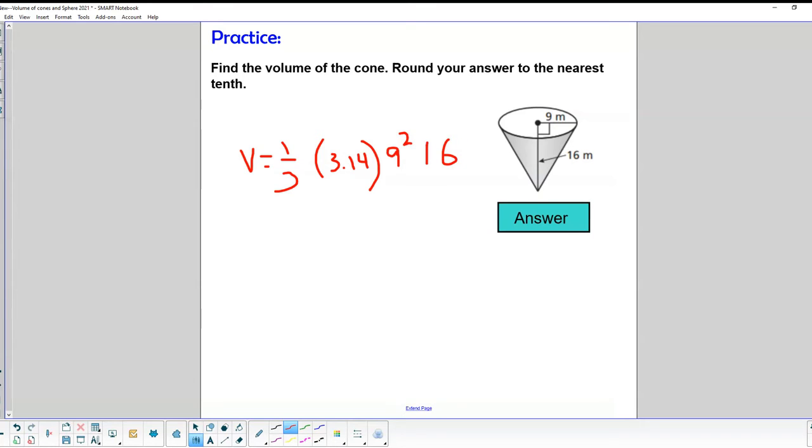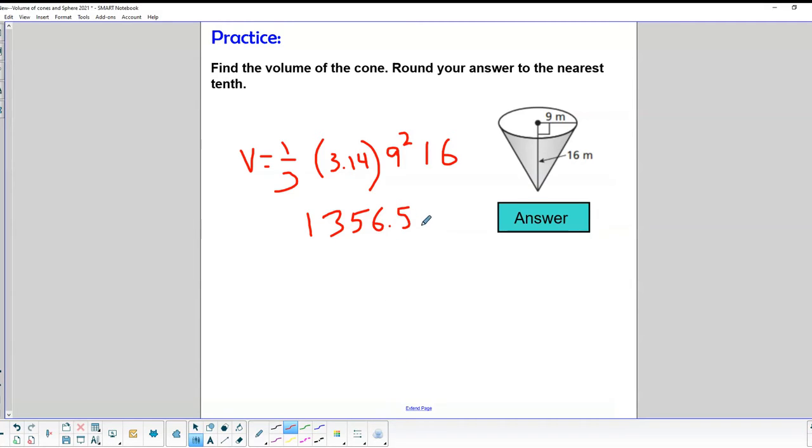So I'll grab our calculator. We're going to have 1 divided by 3 equals, times that by 3.14 equals, times that by 9 squared, and that equals, and lastly, times it by 16. So we end up with 1,356. I hope. We've got to take another quick look.